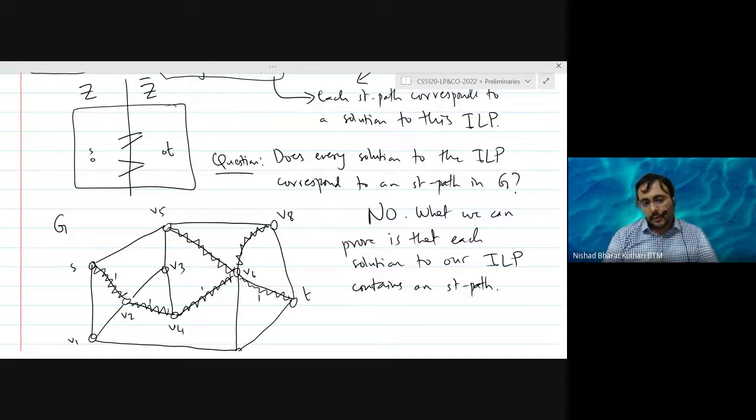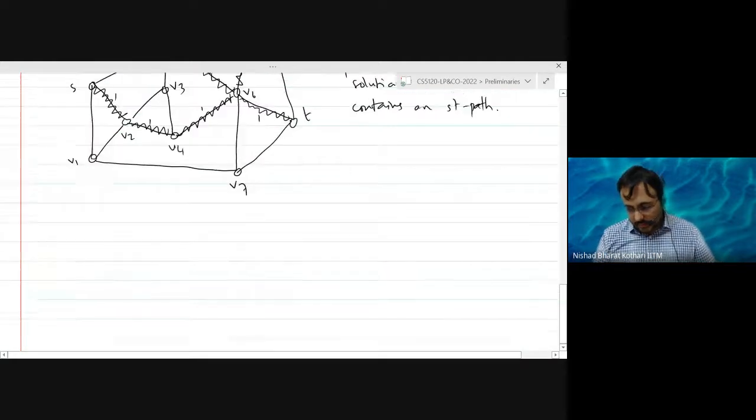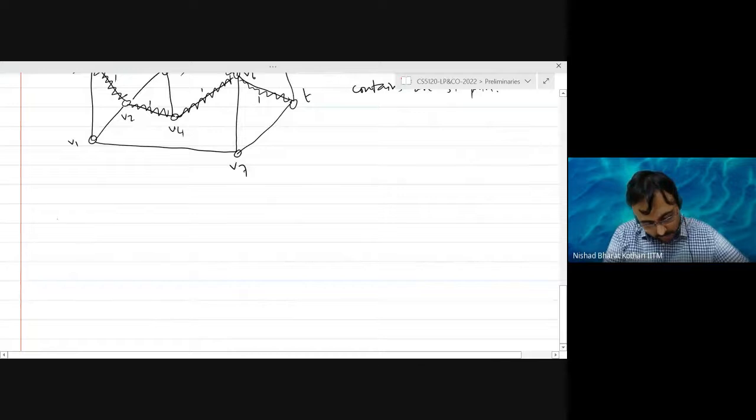Right? So if you look at any solution and you look at the edges corresponding to the non-zero values, they will contain an ST path, but they might contain more edges. But that is not going to be a problem for us. Okay, so that's a proposition I want to prove.